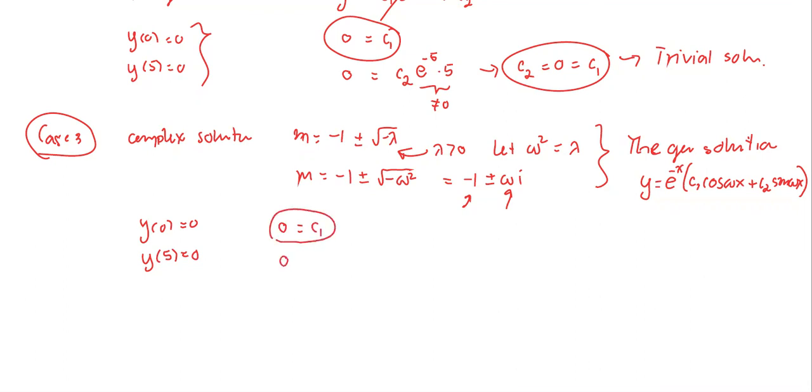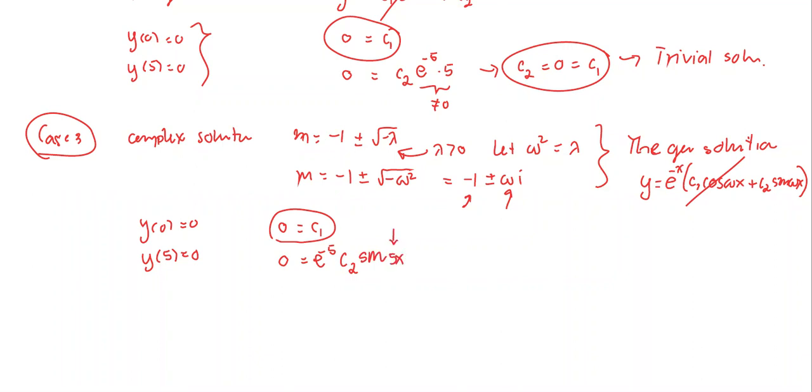And at 5, y equals 0. Ignore the c1 term, that's gone. So e to the -5 times c2 times the sine at 5, sine of 5 omega.